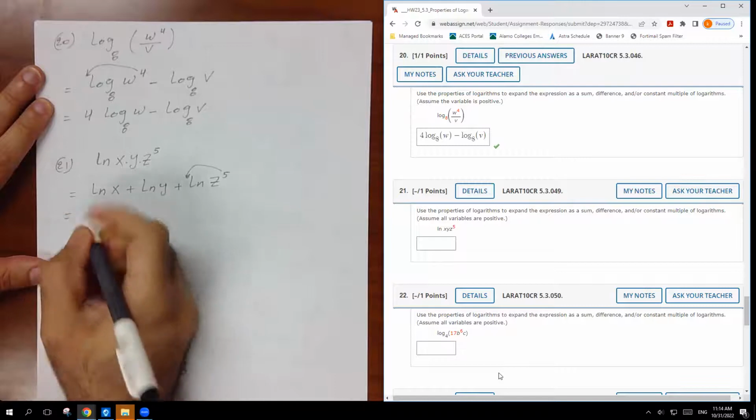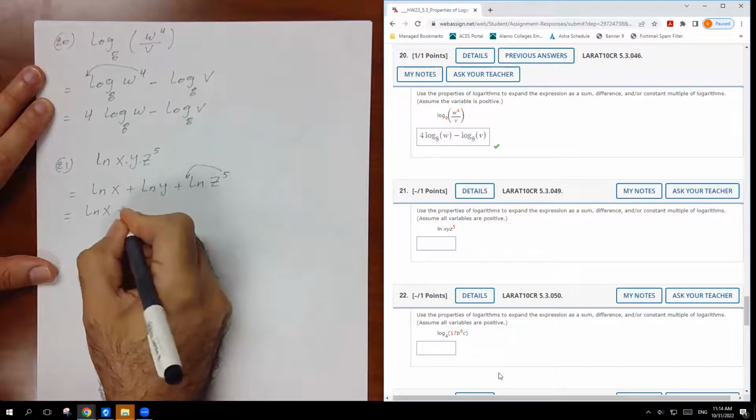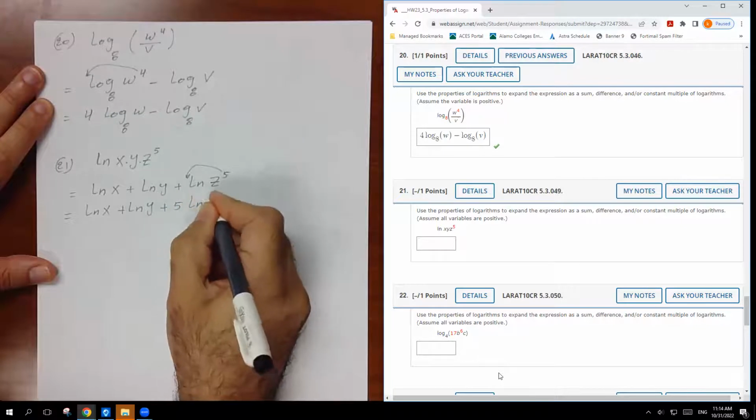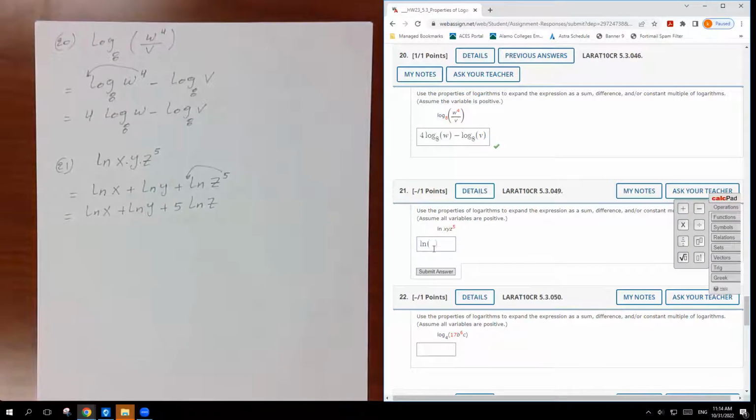So I'm going to move the exponent in front. So it's going to be ln x plus ln y plus 5 ln z. That's it for this example. So here it is ln x plus ln y plus 5 ln z.